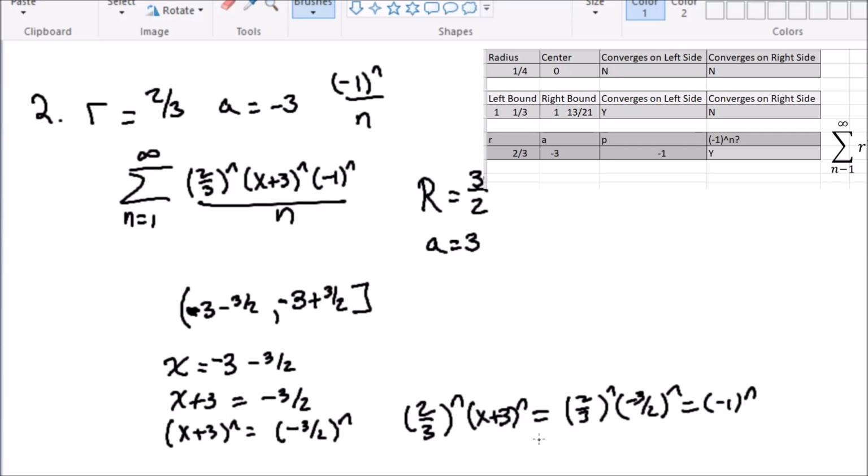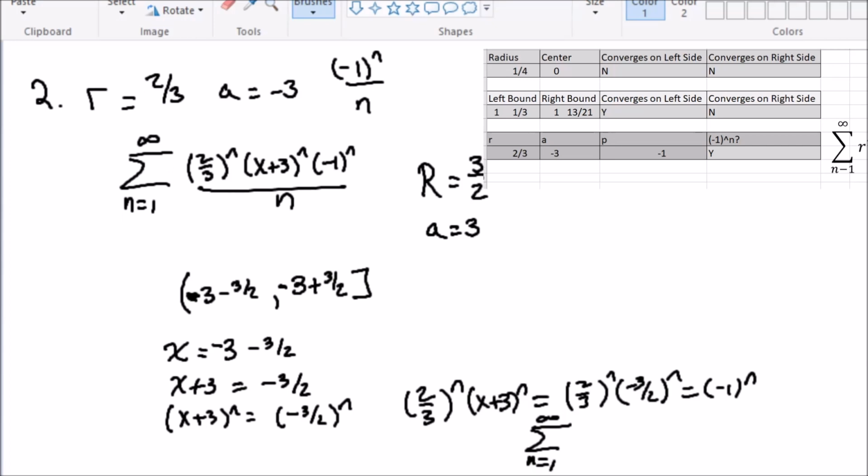So my series just becomes the sum from n equals 1 to infinity of (-1)^(2n) over n, which is the harmonic series, which diverges. So it looks like we did a pretty good job.